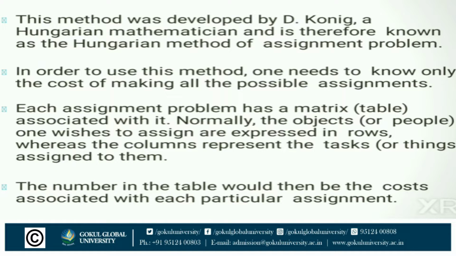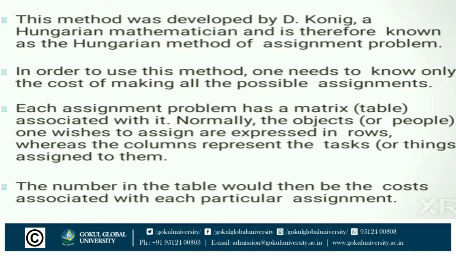This method was developed by D. Konig, a Hungarian mathematician, and therefore it is known as the Hungarian method of assignment problem. We can use the Hungarian method for solving assignment problems of linear programming. In order to use this method, one needs only the cost of making all the possible assignments.